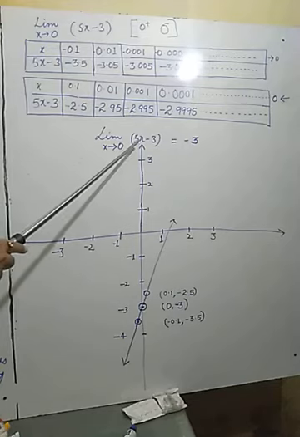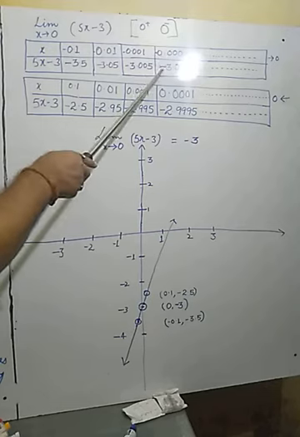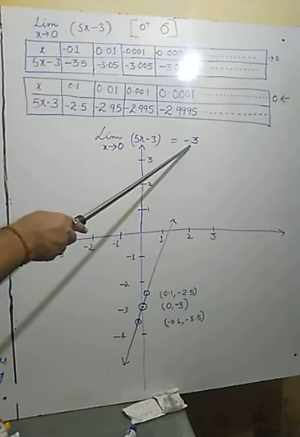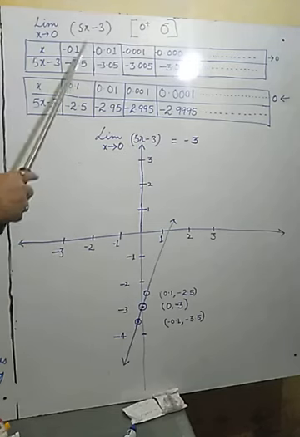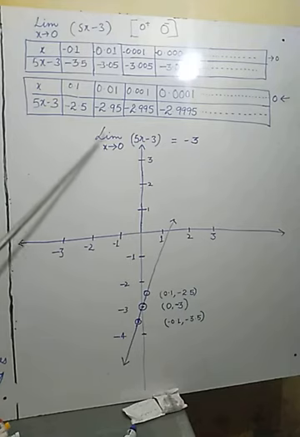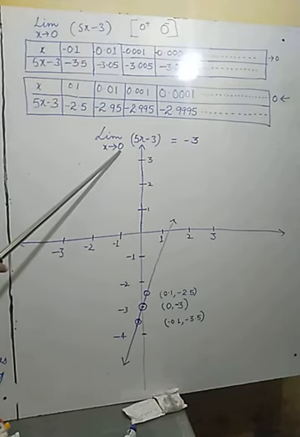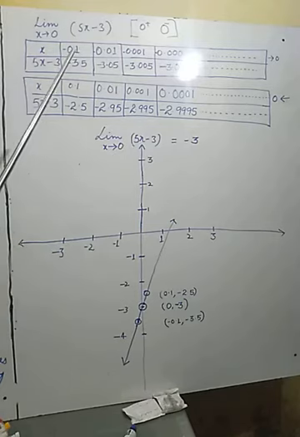So what value of this function is there? By this chart it is approaching minus 3. So in the language of mathematics, we can show this. Both the charts are representing limit x tends to 0, then the value of the function is minus 3.